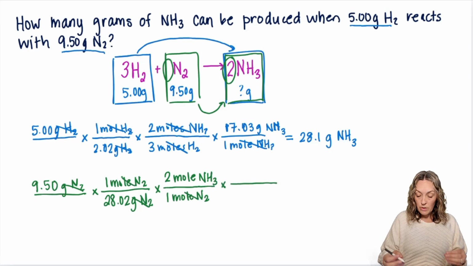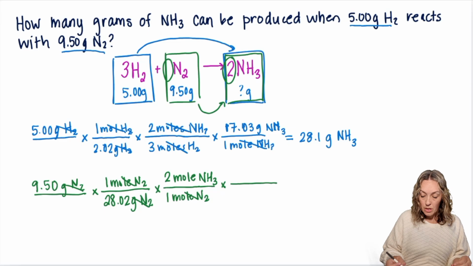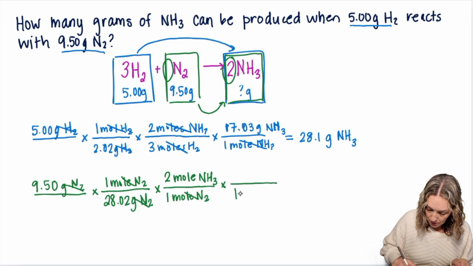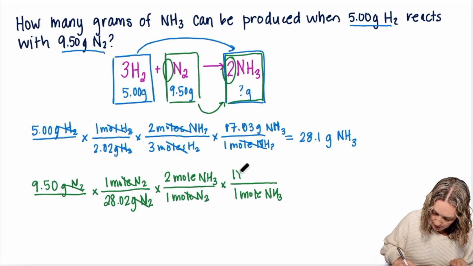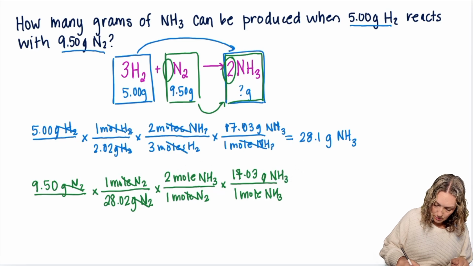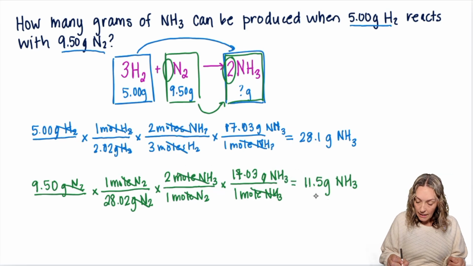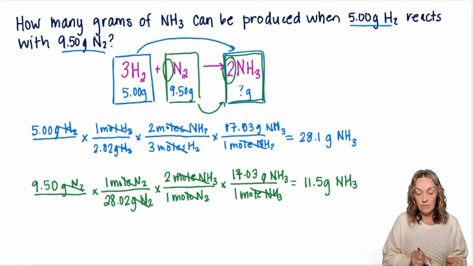I need to make sure that I go to grams of NH3, just like I did in the last problem. You need to make sure that both problems end with the same substance and the same unit. So I'm going to convert my moles of NH3 to grams of NH3 using the molar mass. When I do that, I find that I can make 11.5 grams of NH3 if I use all 9.5 grams of nitrogen.